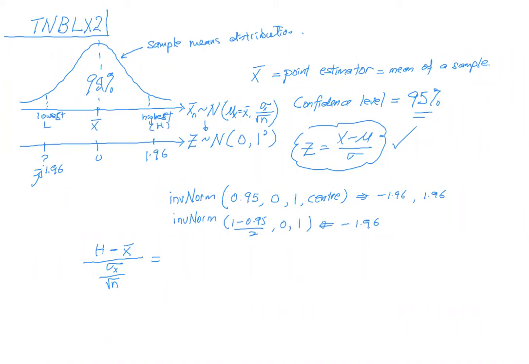Is it 0.96? Why is it 0.96? This is the value of your x, and this is the corresponding z-score. So directly 1.96. Yes.